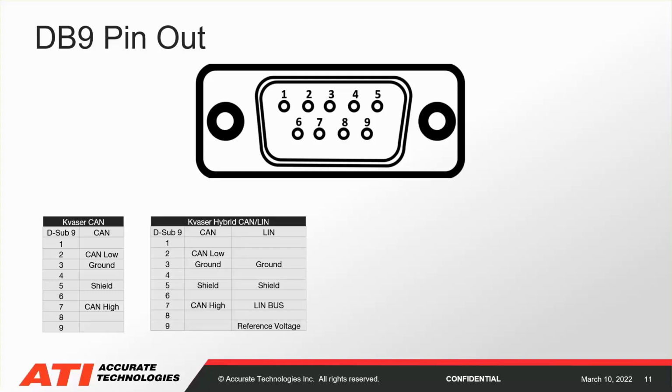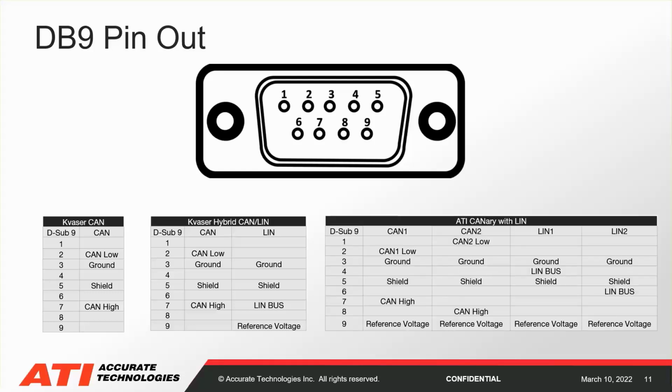When we look at a LIN device, we see that 3 is again ground, 5 is again shield, but now 7 is the LIN bus and 9 is the reference voltage. Looking at the ATI Canary with LIN, we see a similar configuration where reference voltage is 9 and the LIN bus is dedicated to its own pin.